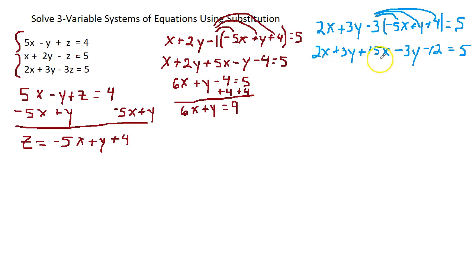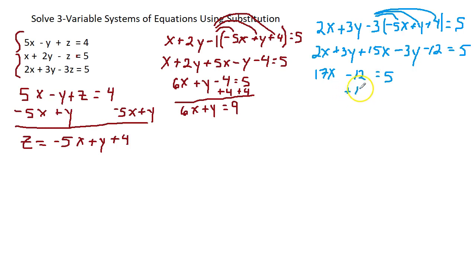So 2x plus 15 more x's gives you 17x. 3y, take away 3y, cancels out. And then we have minus 12 equals 5.